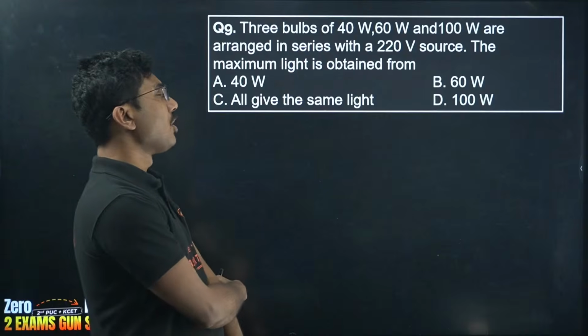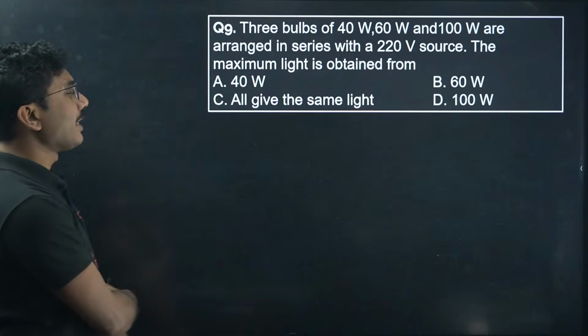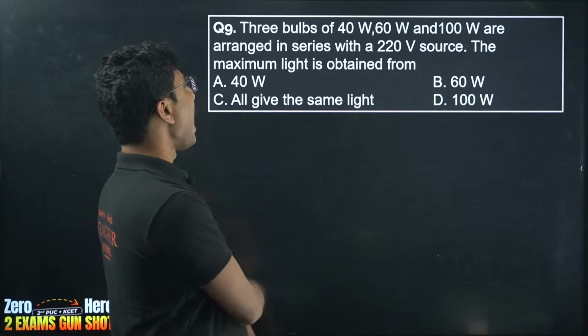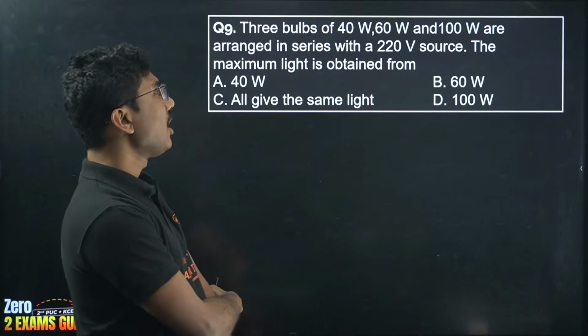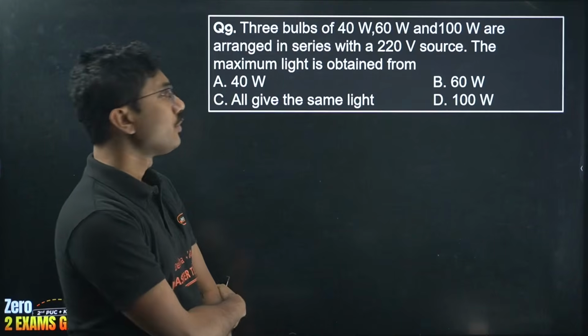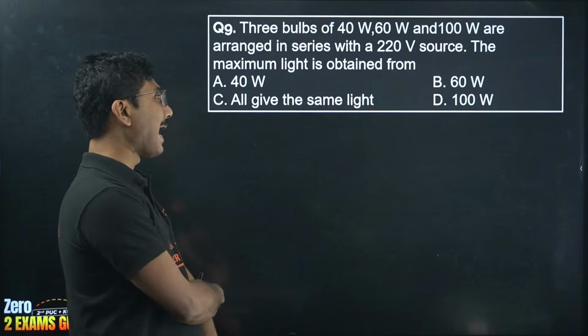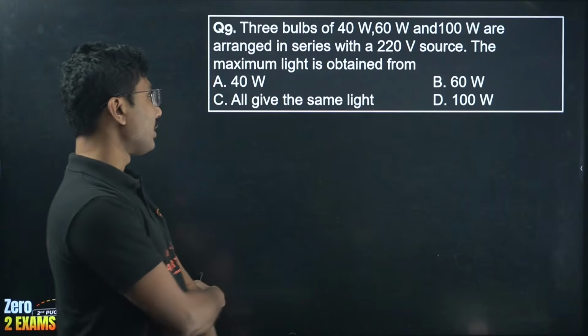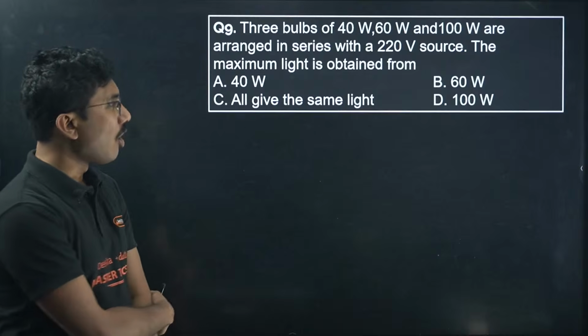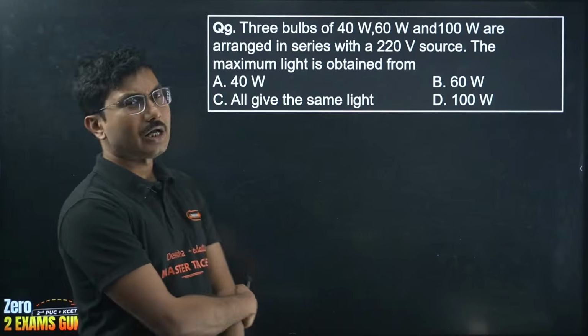Three bulbs, 40 watt, 60 watt and 100 watt, are arranged in series with a 220 volt source. The maximum light is obtained from 40 watt, 60 watt, all give the same light, or 100 watt.